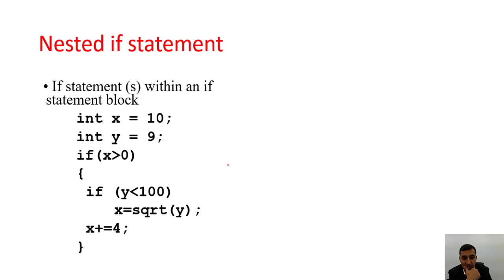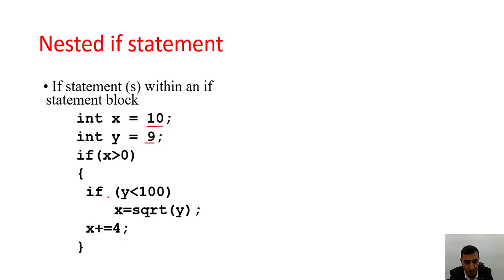Here is a nested if statement. Nested means an if statement inside an if statement. So over here we have a nested if statement. Integer x is equal to 10, y is equal to 9. Is x greater than 0?